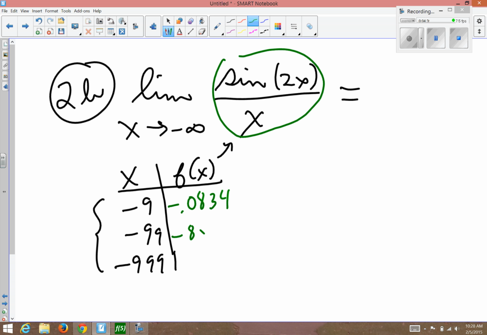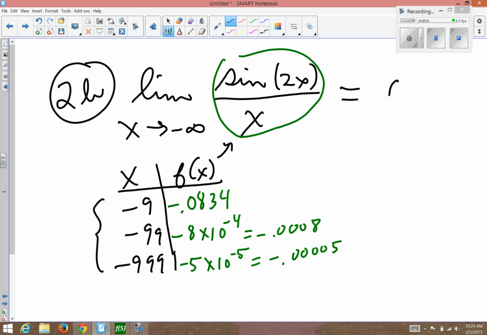Negative 8 times 10 to the negative 4, even closer to 0. Negative 5 times 10 to the negative 5. So getting closer and closer to 0. That's these numbers right here. So that's the answer to part B also.